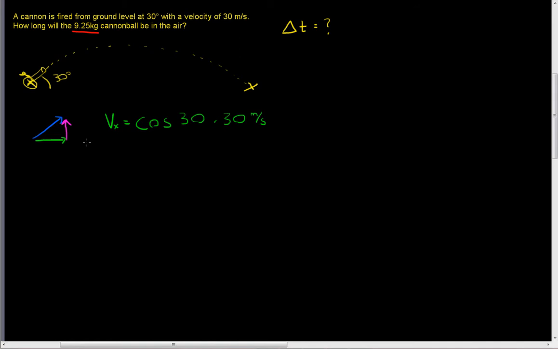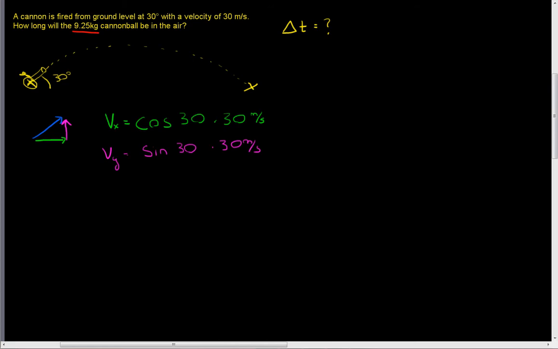And the velocity in the y direction is going to be equal to the sine of 30 degrees times 30 meters per second.